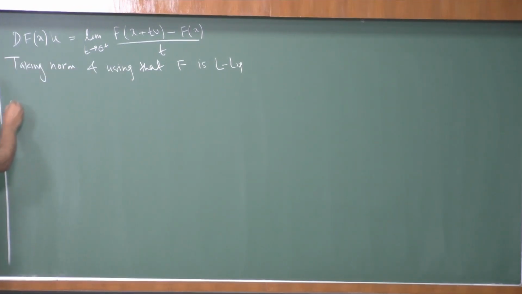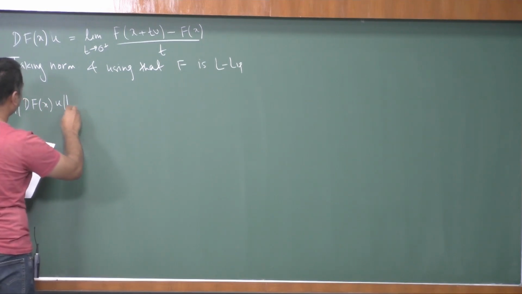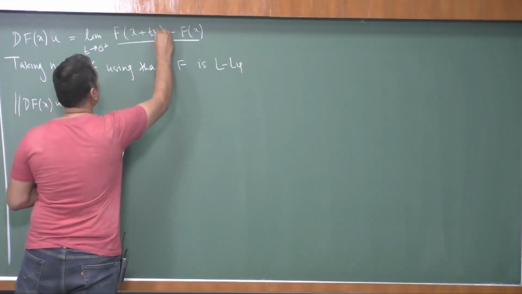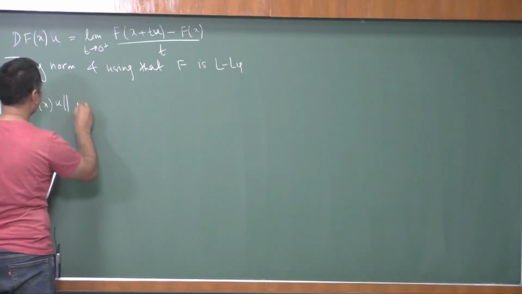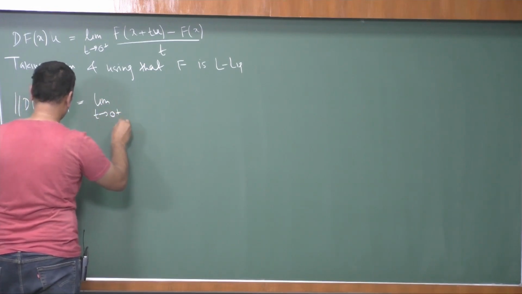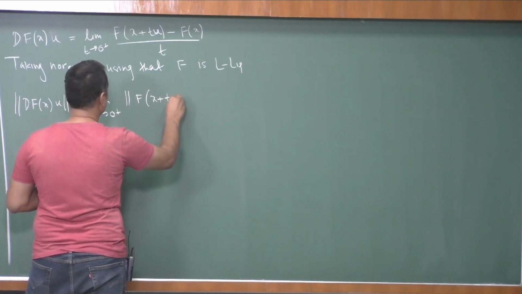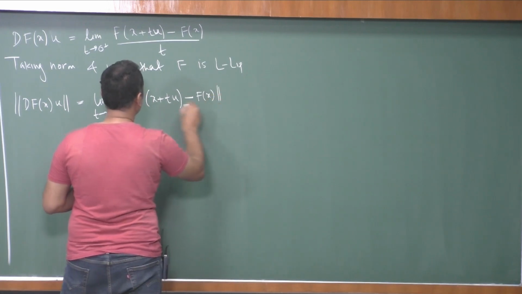If I take a norm, then this is df of x u, and everywhere it's u. So we take a norm, and we also have a norm inside: limit t tends to 0 plus of f of x plus tu minus f of x, by t.